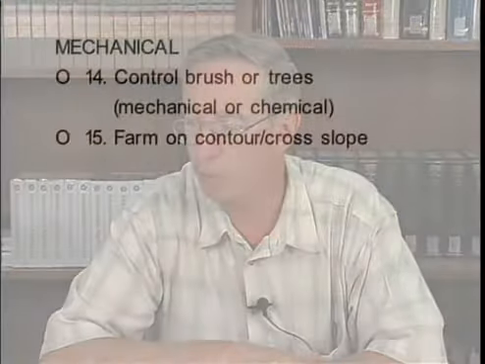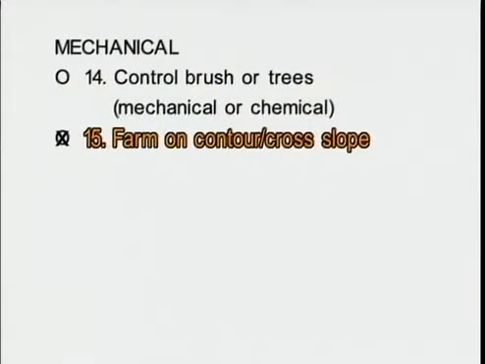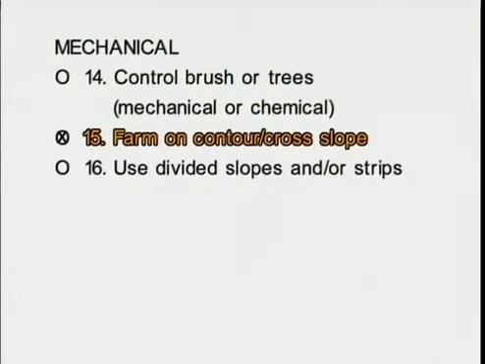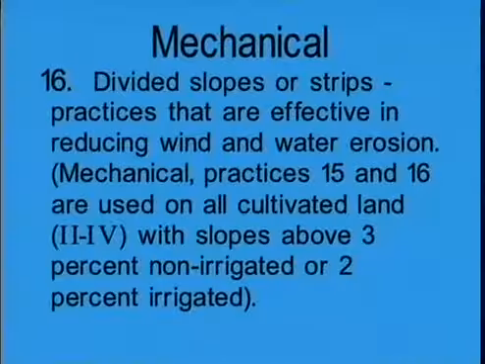We are on Class 3 land, cultivated. Class 3 land cultivated should be farmed on the contour or across the slope, so we should have checked item number 15. Do we use divided slopes or strips? Well, let's look at the parameters under that on page 24 of the manual. It says divided slopes or strips are practices that are effective in reducing wind and water erosion.